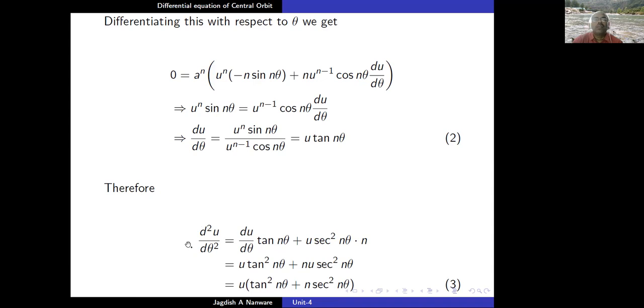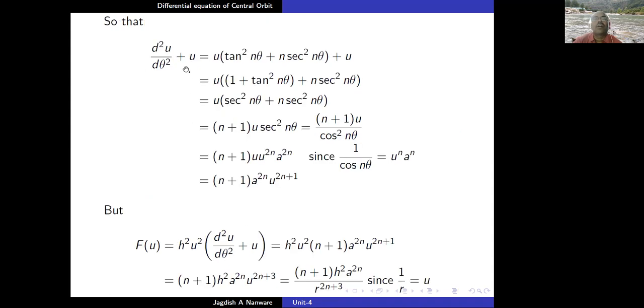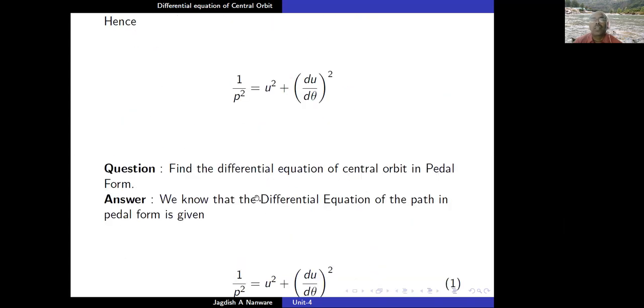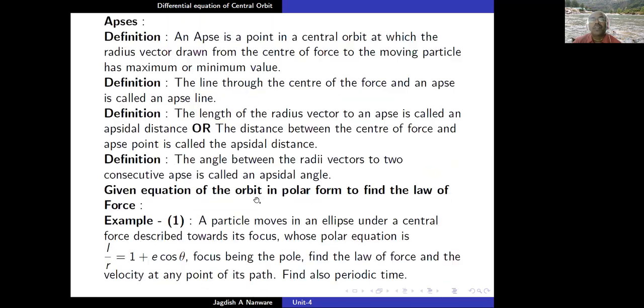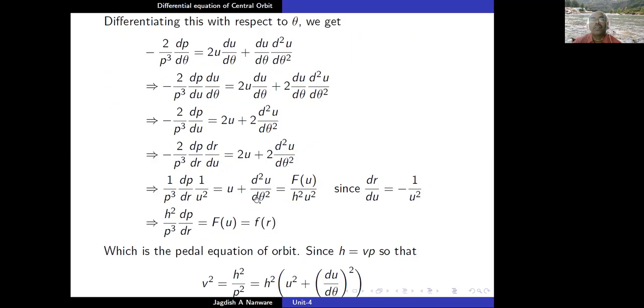Now we use these values, the second derivative and u, in the differential equation of central orbit. So that is this: second order derivative of u with respect to θ plus u is equal to f of u. Go back, we have seen the equation is like this.